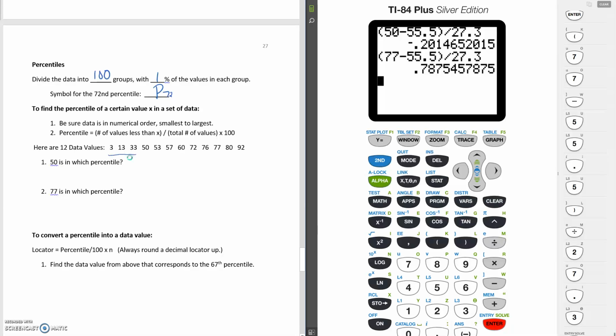So we count how many are less than 50, which would be 3. We divide that by the total number 12, and we multiply by 100. So here we're going to get 3 divided by 12 times 100, and we'll see that we're in the 25th percentile.